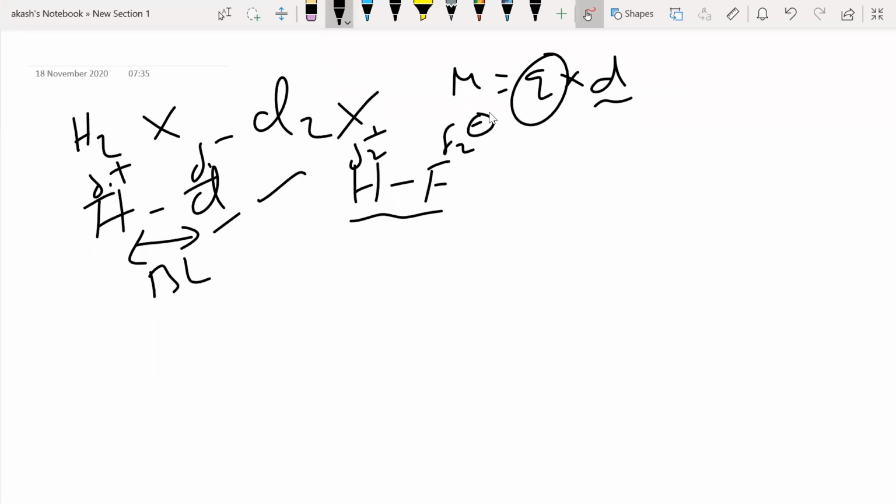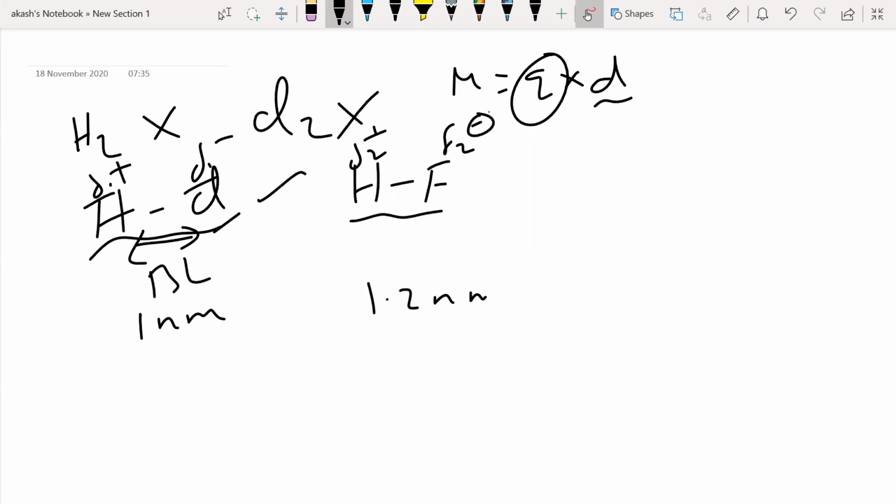So you don't have to worry much about them, because this is giving you an approximate value, not even approximate, some random value. Say HCl, I can say it is 1 nanometer. I don't even know if it's correct, I'm just giving you a value. Say this can be 1.2 nanometer.